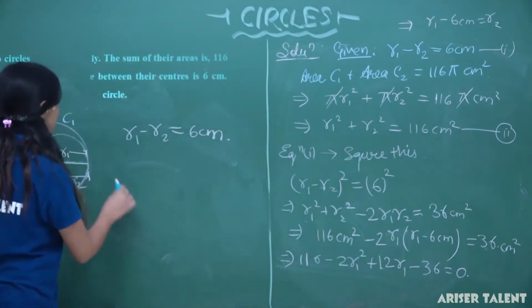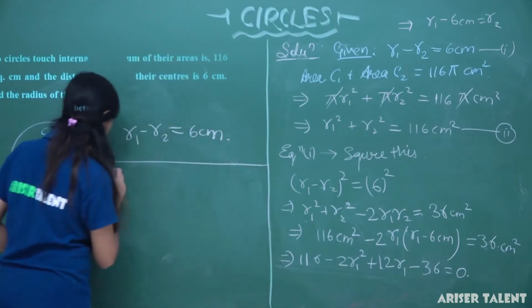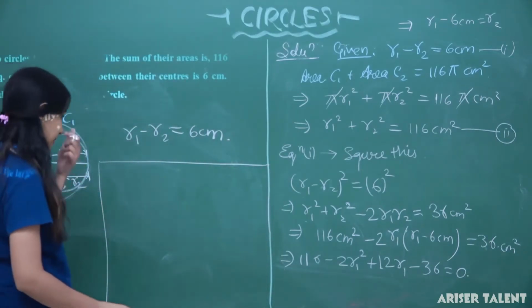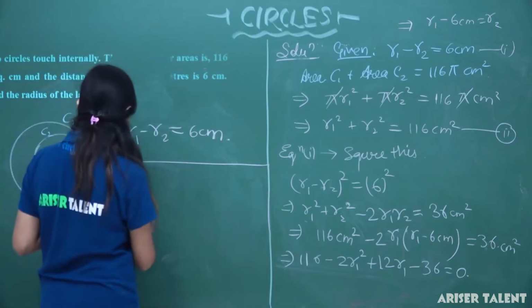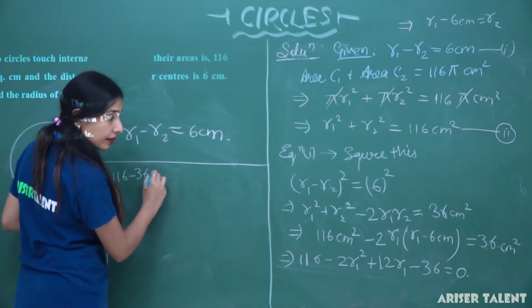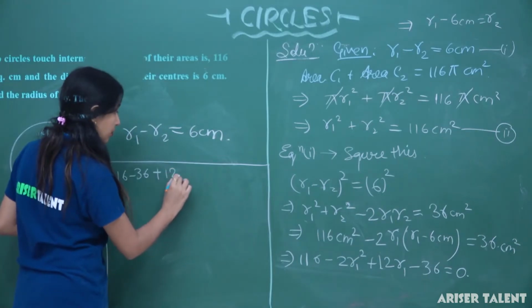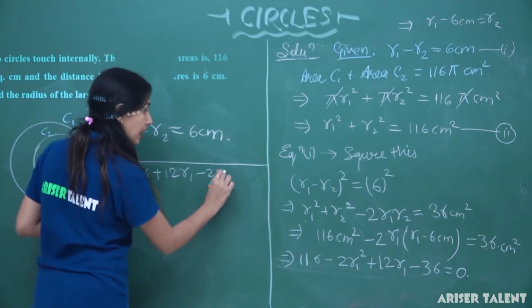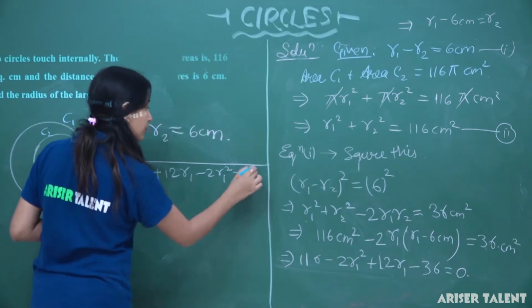From this equation I am solving it here, students. So copy from here, right? That will be 116 minus 36 plus 12 r1 minus 2 r1 square equals 0.